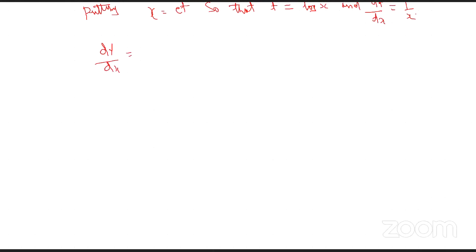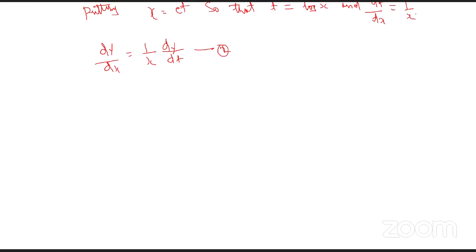dy by dx equal to 1 by x into dy by dt. On simplification, we'll get the second equation.